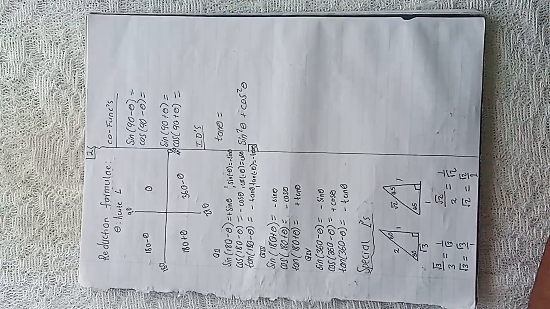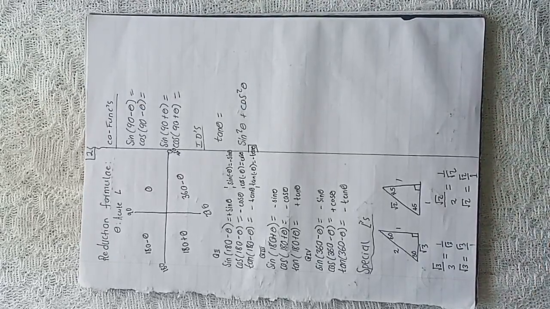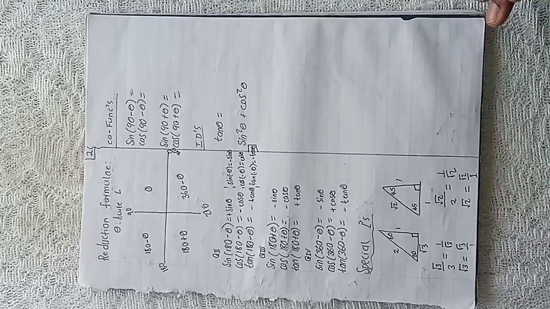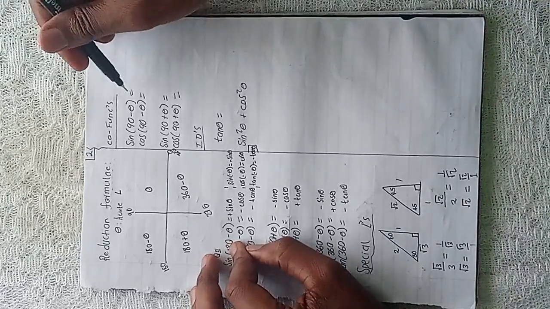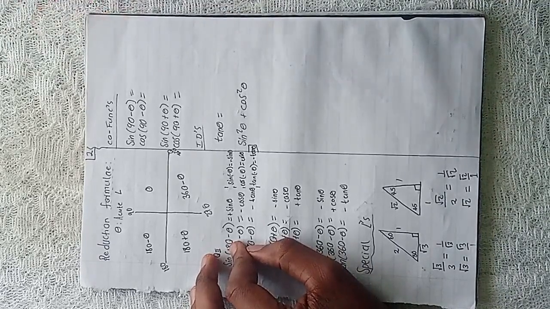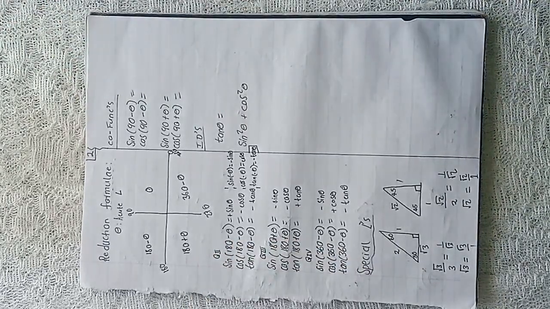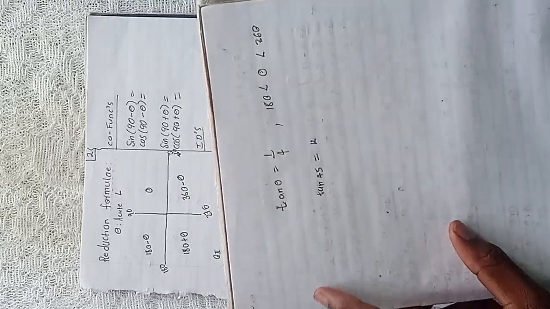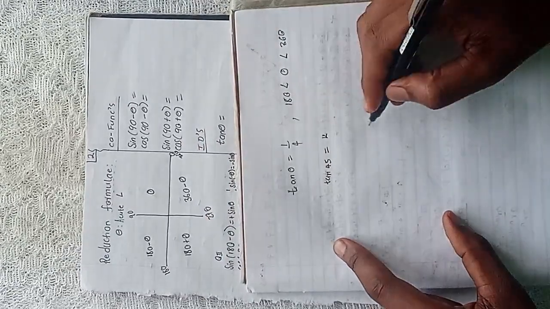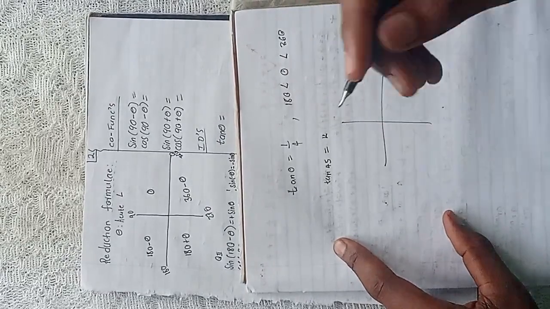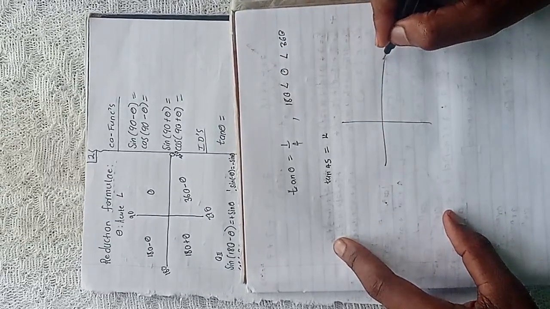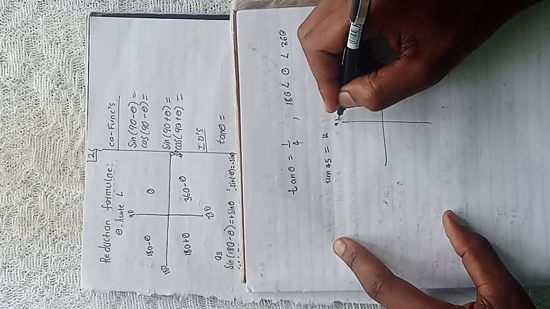Let's look at cofunctions. Cofunctions, they're also important. So cofunctions are like reduction formulae, but with 90. Okay, they happen in quadrant 1. So if we can draw Cartesian coordinates, and we know here we have 0 and here we have 90.